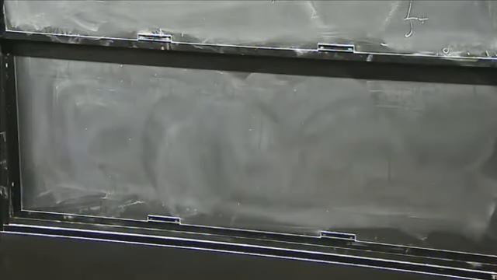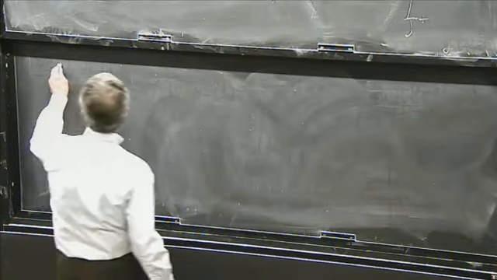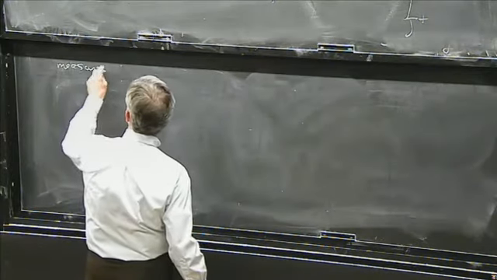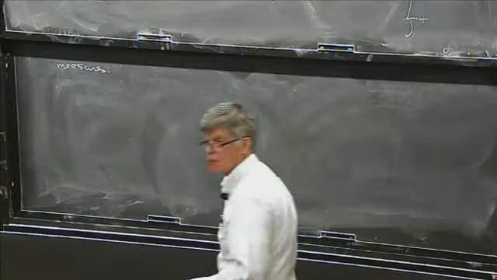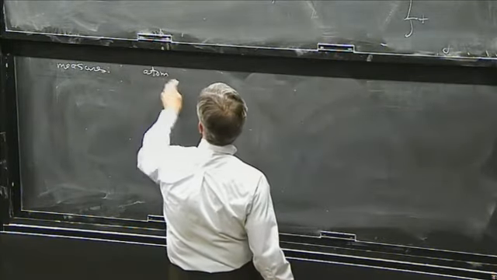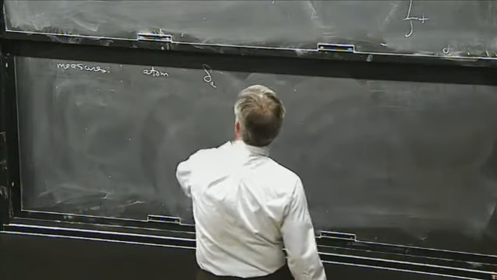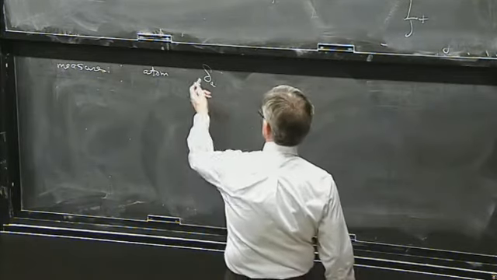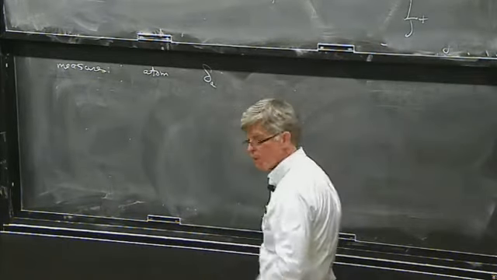So let me just recall measures. What is an atom for the space of measures? It is a point mass at a point. So if A is a point, the point mass at that point is an atom for measures.